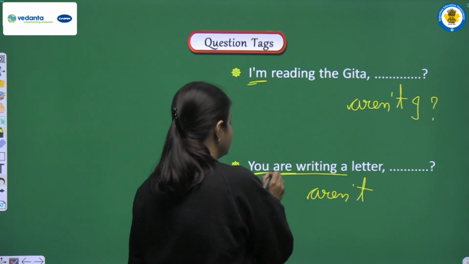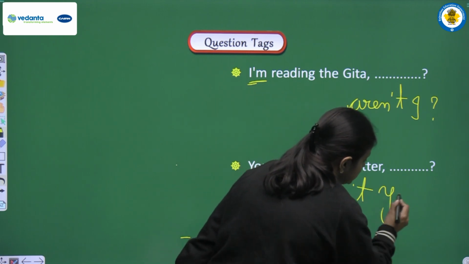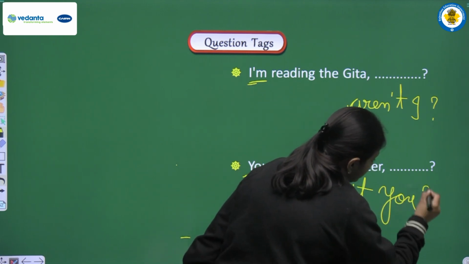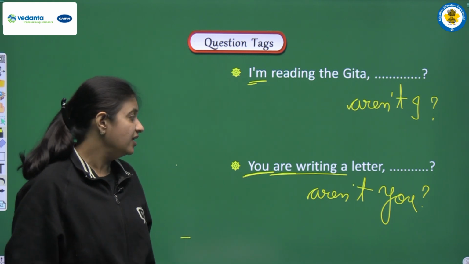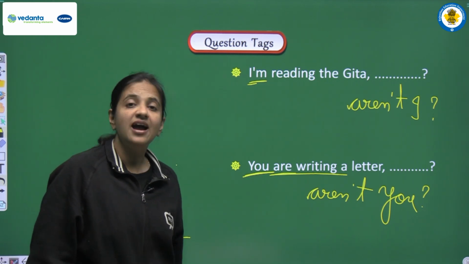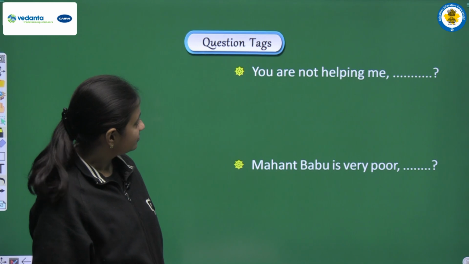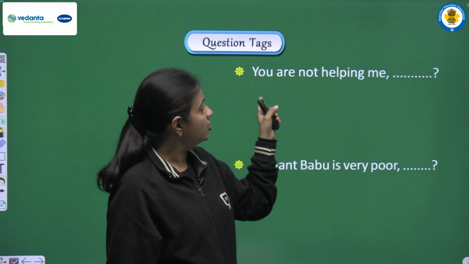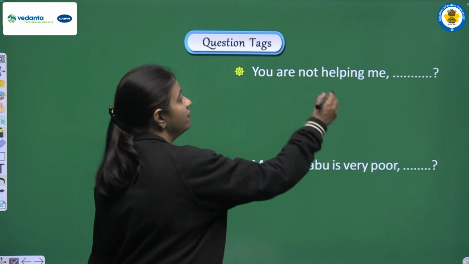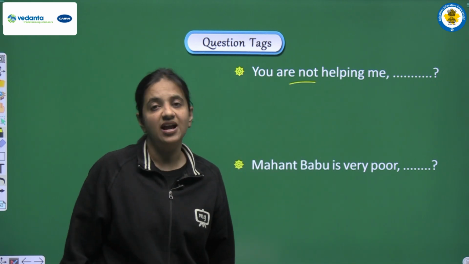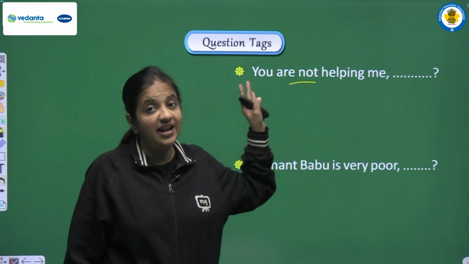The pronoun that is given to us is you, so we will use the same pronoun here, and the question tag will be aren't you, and the complete sentence will be you are writing a letter, aren't you? Okay. Next sentence we are having you are not helping me. In this sentence we can observe that we are having one negative word, not, so it's a negative sentence.